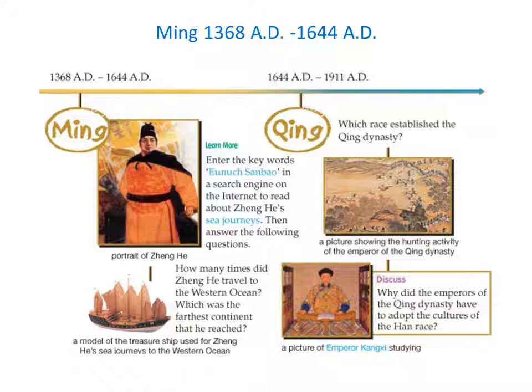On your right hand side, we have the Qing dynasties, and there are two pictures. On the top, you can see a landform, a picture with an army of people, and you can see horses there. It shows the hunting activity of the emperor of the Qing dynasty.